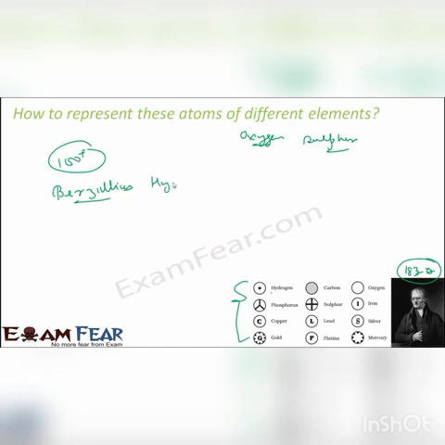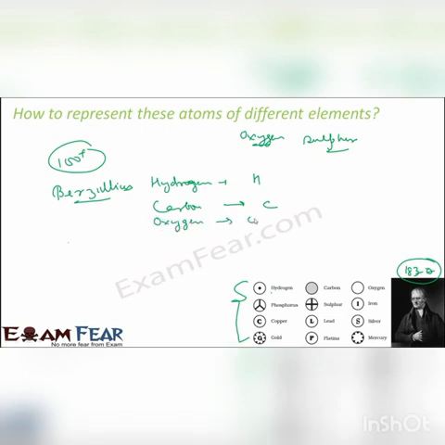For example, if it is hydrogen, and since it is very common, let's use only the first letter and let's assume H as the representation of hydrogen. Carbon, since it is also common, the carbon is represented by C. Even if you see, oxygen is also very common.